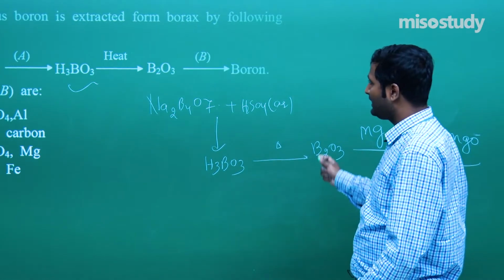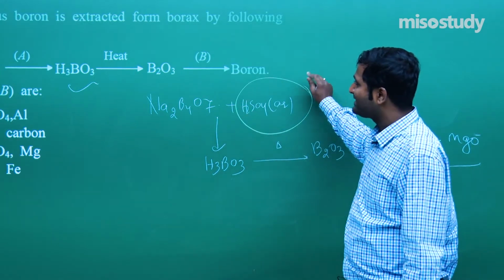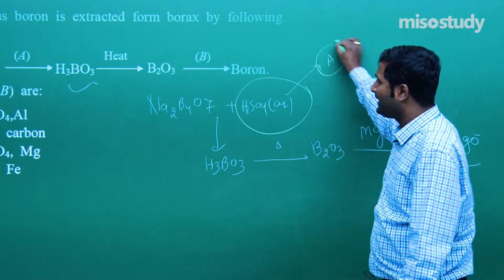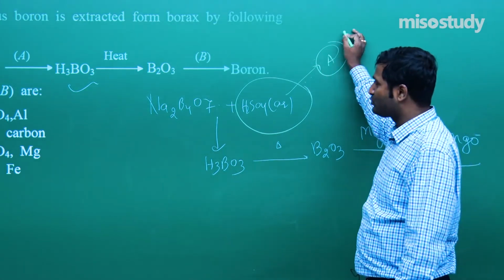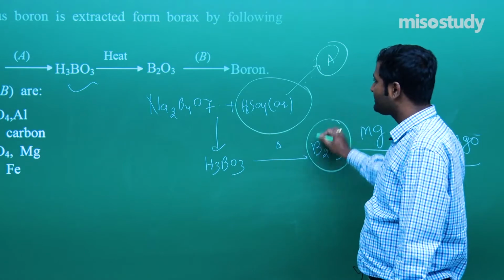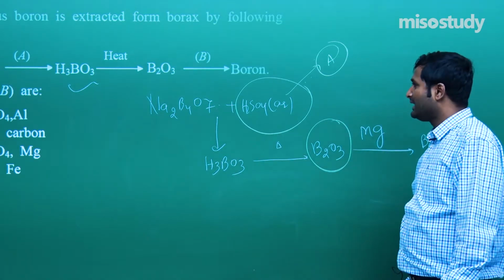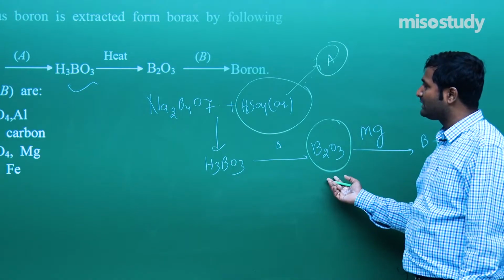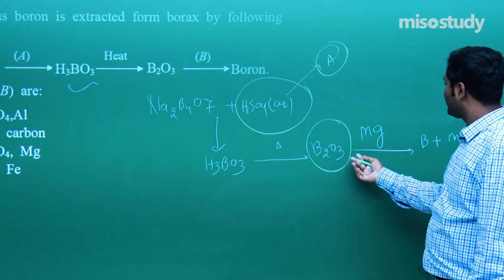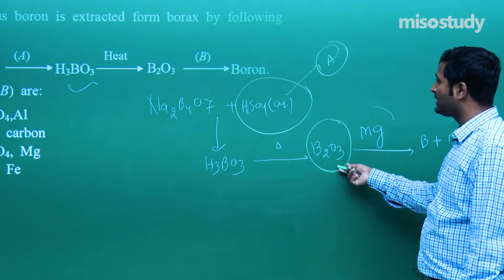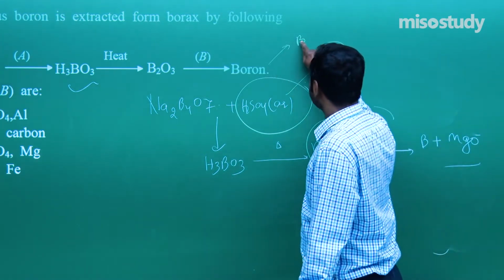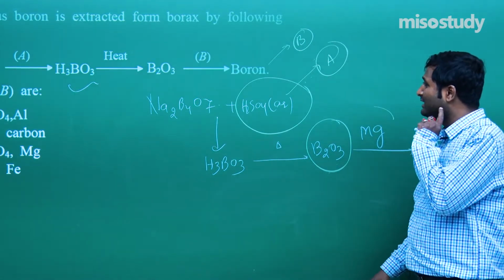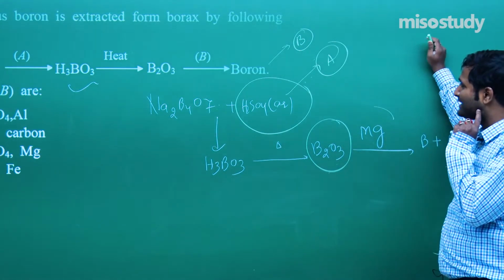So what is given here? Borax, aqueous borax, when treated with A, that is this one is A, friend. A is aqueous H2SO4. When treated, it gives B2O3 as the main product. And if B2O3 is the main product, then on treatment with Mg we need to remove oxygen because we are getting boron. Removal of oxygen is known as reduction. So we need a stronger reducing agent than boron.